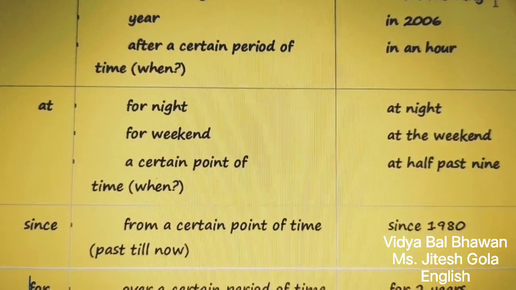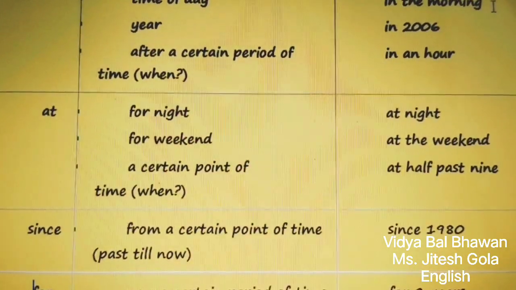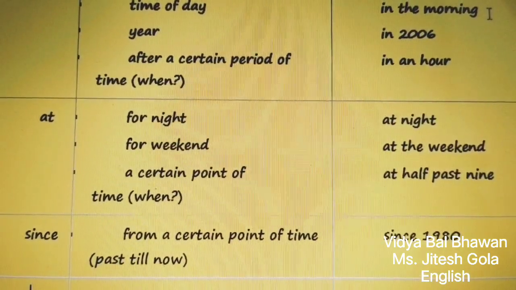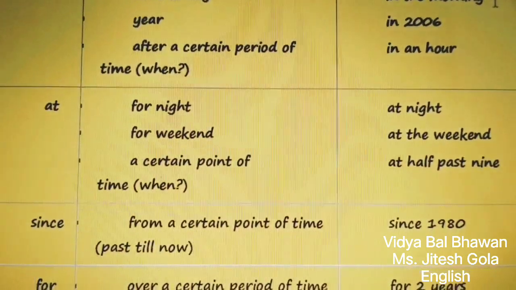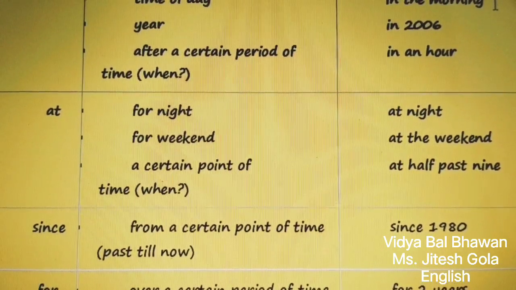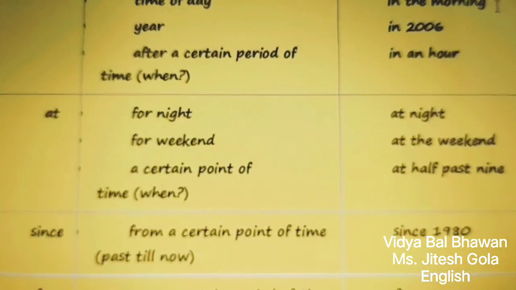Besides that, for a certain point of time, for example, I will come at 9:30, or I will be there at 7. For that particular point of time also you use it.